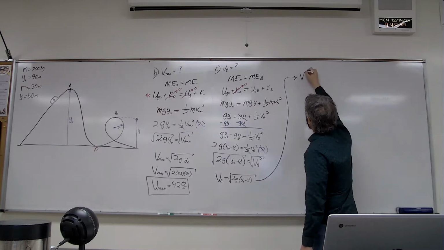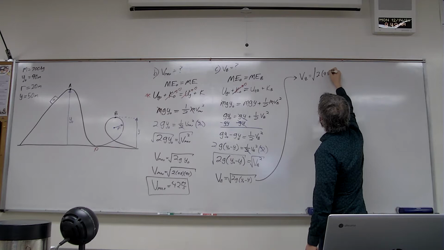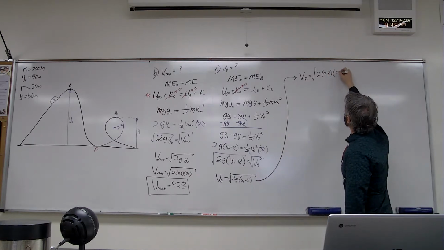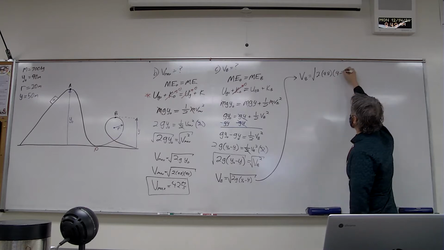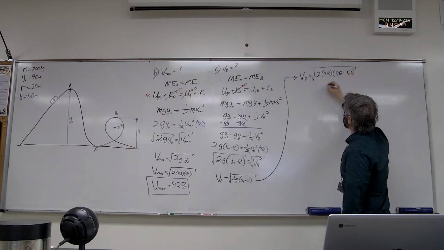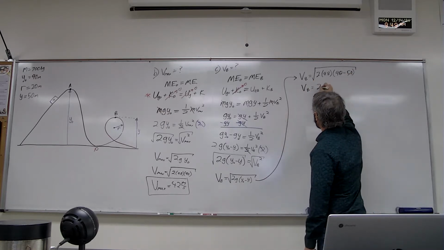So my velocity at point B will be the square root of 2 times 9.8 times my initial position, which was 90 meters, minus my final position, which is 50 meters. And obviously we can all do this in our head too, and it comes out to 28 meters per second.